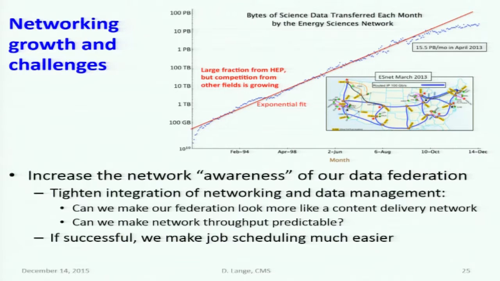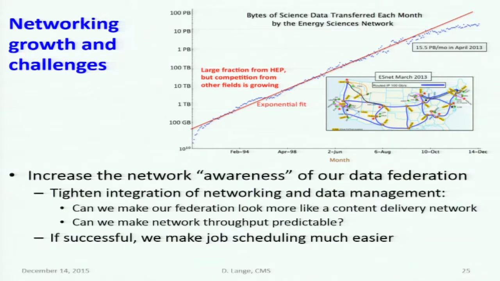So we have what we call data federation, which is to say trying to make our distributed sets of storage look like one coherent storage system, but it's really a storage system and not a content delivery network. So we're not yet thinking like Netflix or some other company that has large data that users want in real time, and no matter where the user is in the world, they're able to get to that data quickly. So that's one challenge: can we make what we're doing look more transparent to our user community?